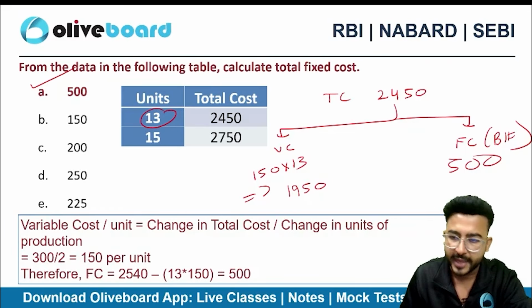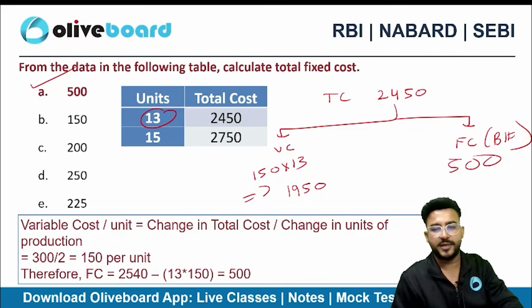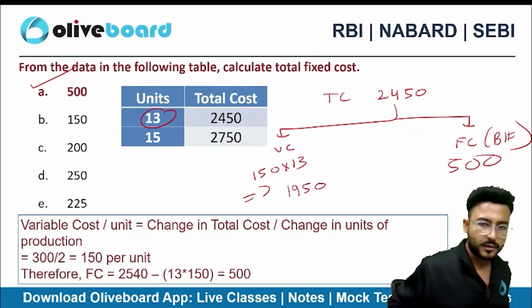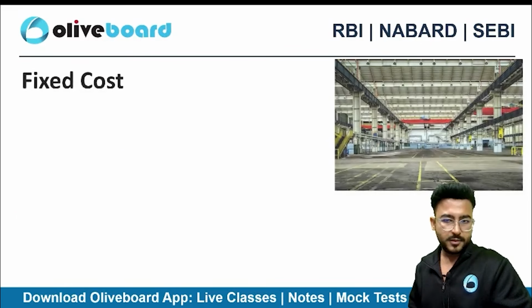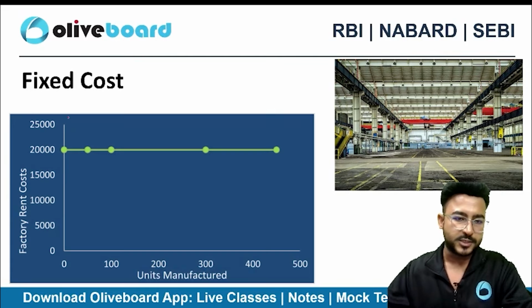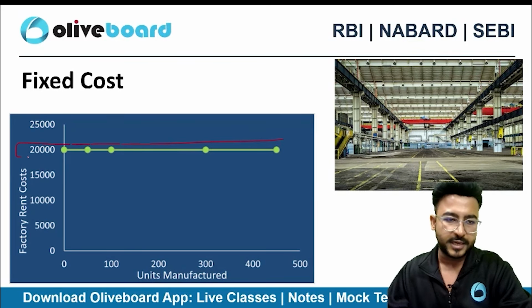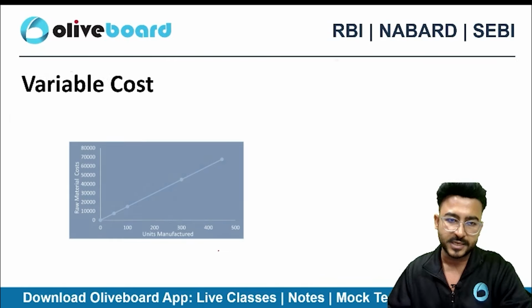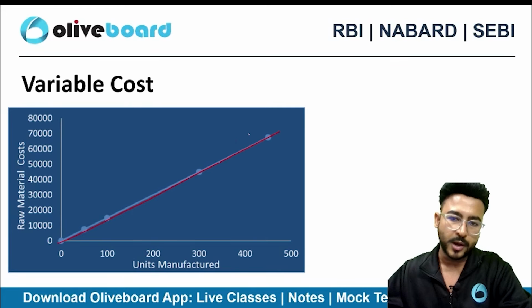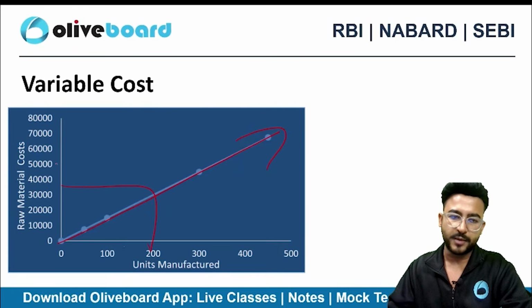Perfect. I can see all of you are able to calculate the correct choice. So we have seen that fixed cost will remain the fixed only irrespective of the level of activity. Whether I produce 0 units or 400 units, it will remain fixed, and variable cost will go up as I produce more and more units, right?